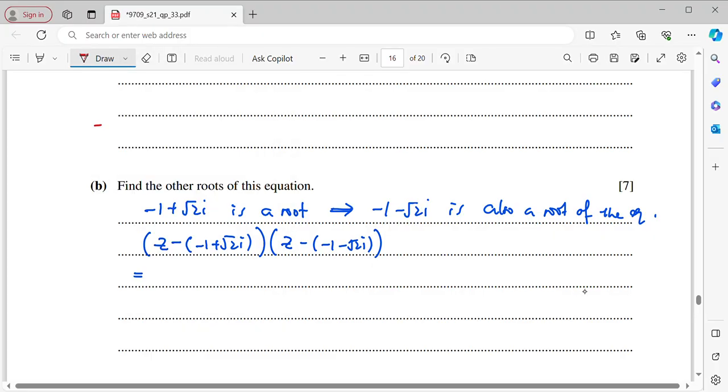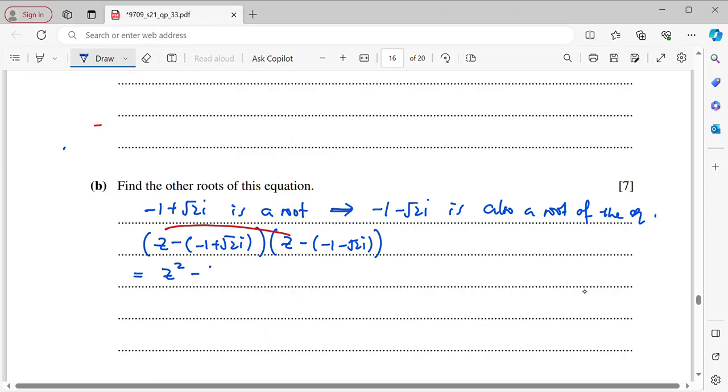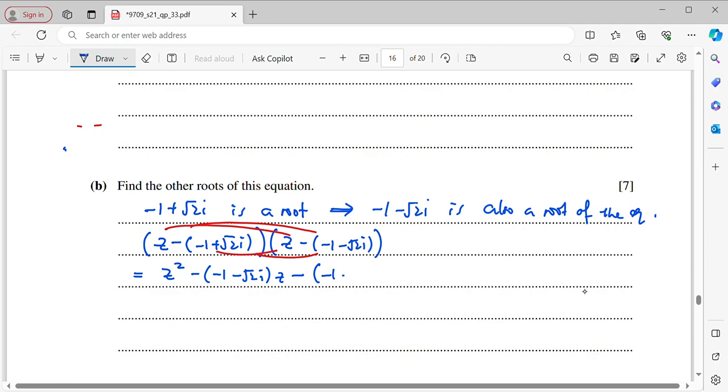Okay, so just do expansion. It will be z squared minus (-1 minus root 2i) z minus (-1 plus root 2i) z plus... okay, so when you expand the -1 plus root 2i and -1 minus root 2i, right, minus 1 plus root 2i times minus 1 minus root 2i.